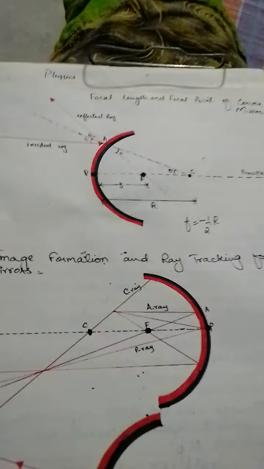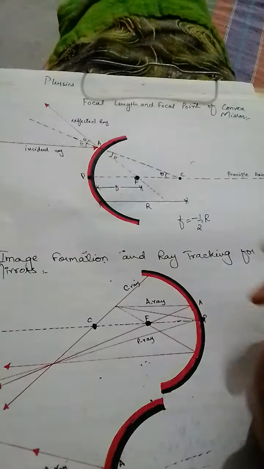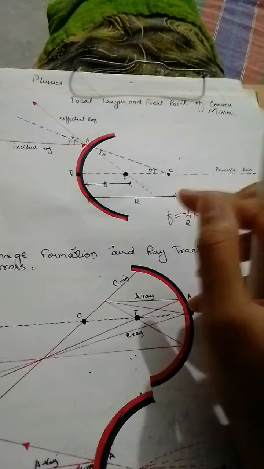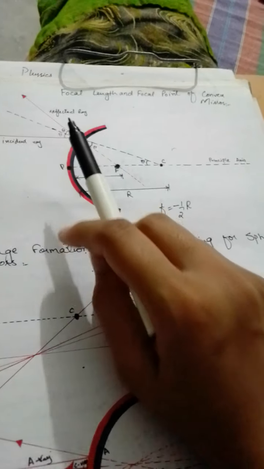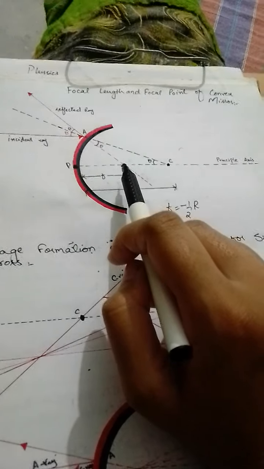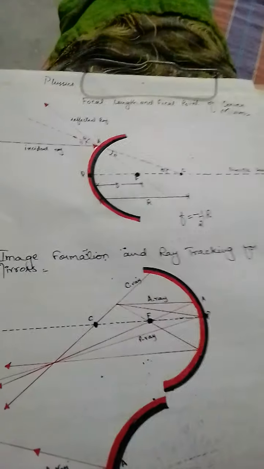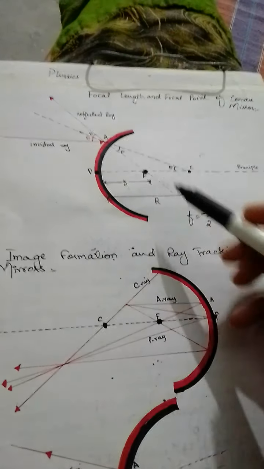So there would be just a difference of signs for the concave mirror and a convex mirror. The image formed by the concave mirror, which we studied earlier, was a real image because it was formed in front of the mirror. But in this case the image will be a virtual image, formed behind the mirror.